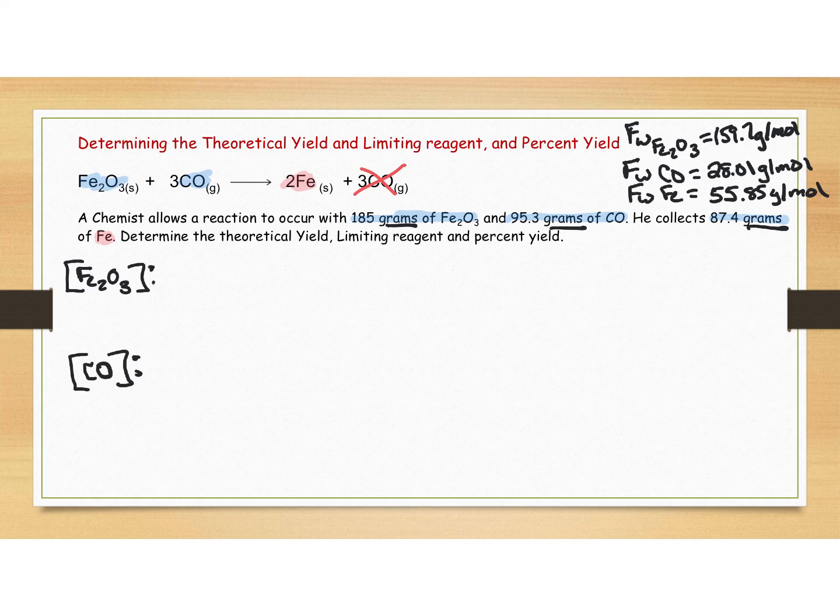Does it matter which one you do first? It does not matter. You could do the carbon monoxide first if you would like to. The 185 grams of Fe2O3 go in the top, and the 95.3 grams of CO go in the bottom.